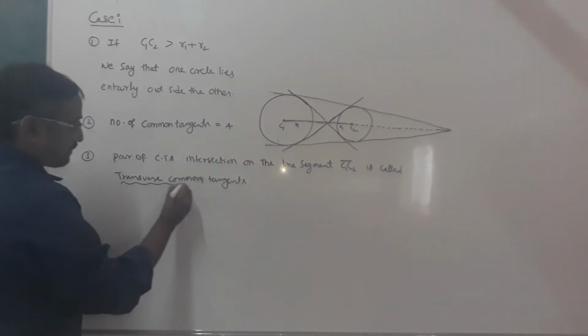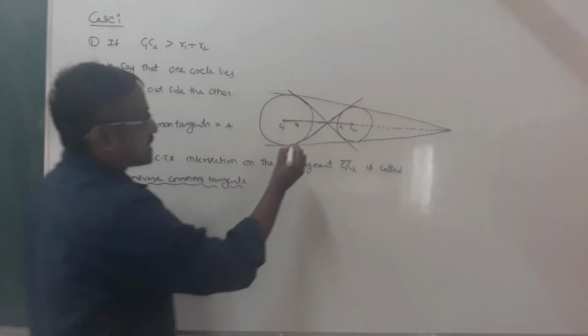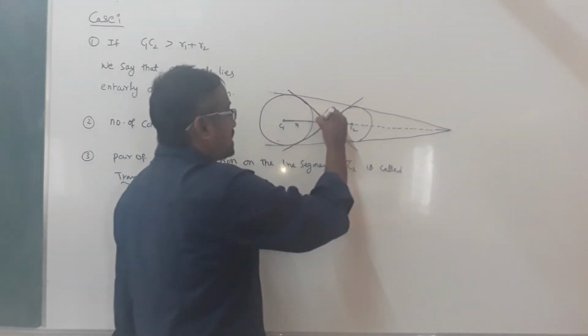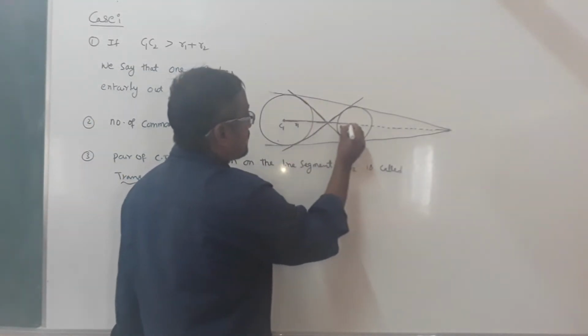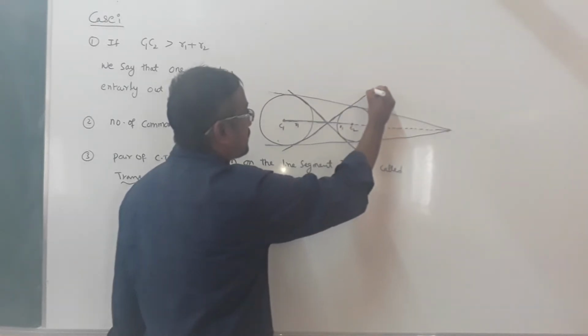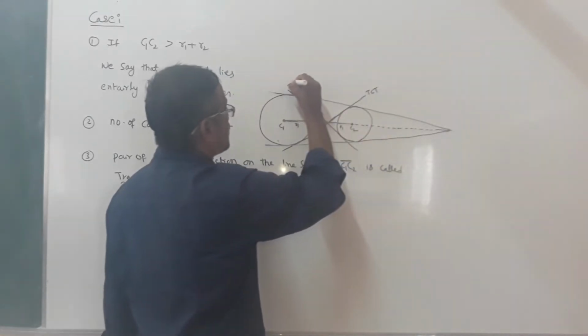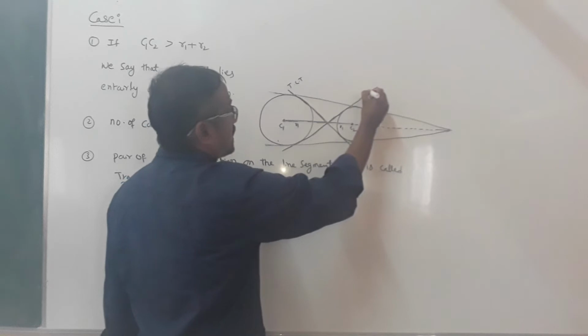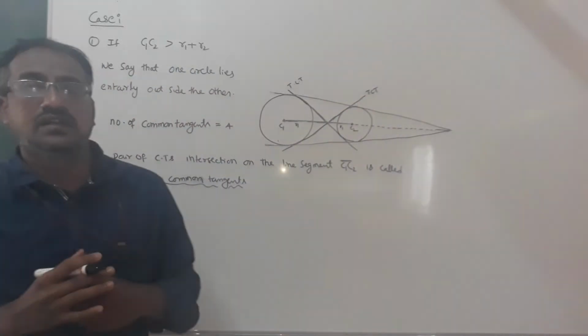So the pair of tangents that are intersecting on the line segment joining C1, C2, these pair of common tangents are called transverse common tangents.